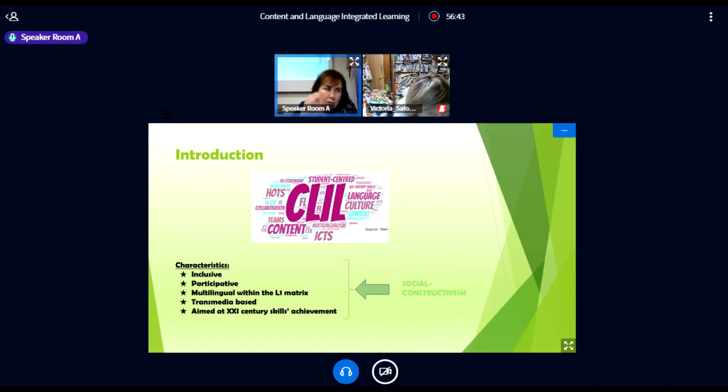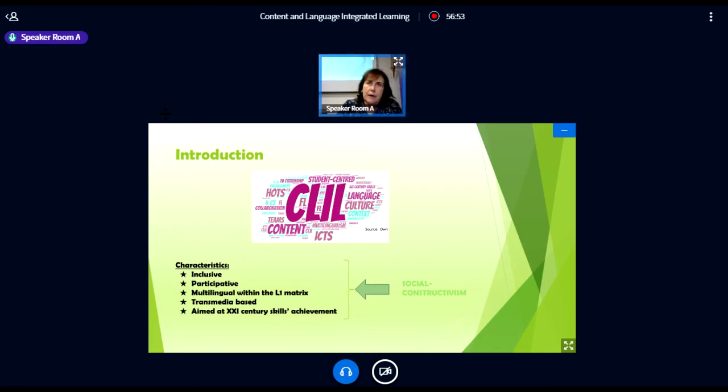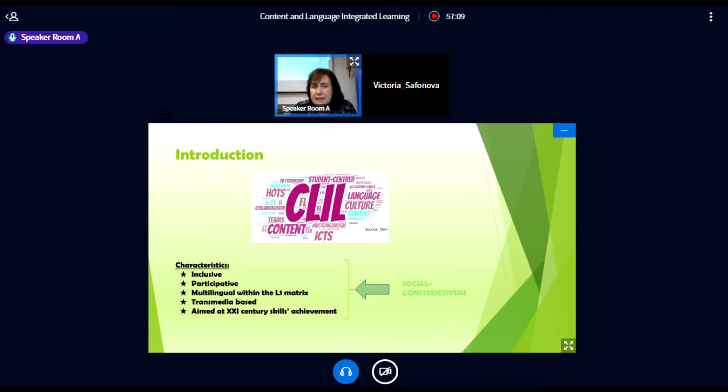They have to reach higher-order thinking skills and thus work with cross-cutting themes, which leads to other competencies such as learning to learn, cooperation with peers, in a word, to 21st century skills achievement.